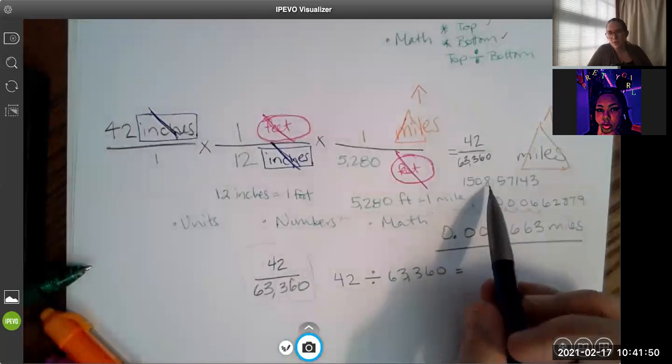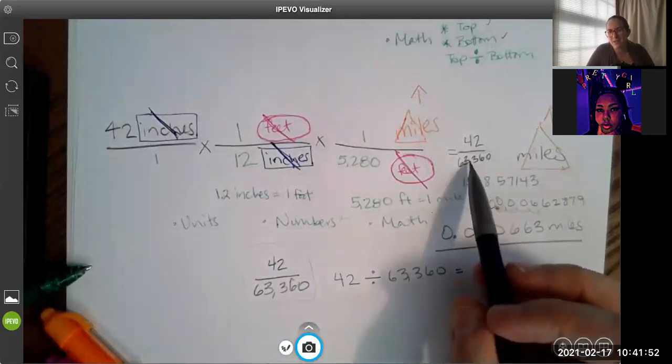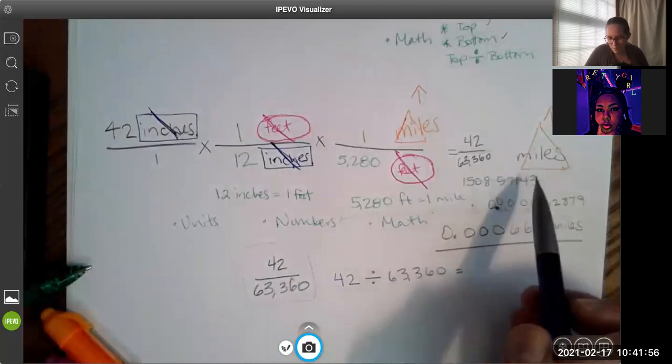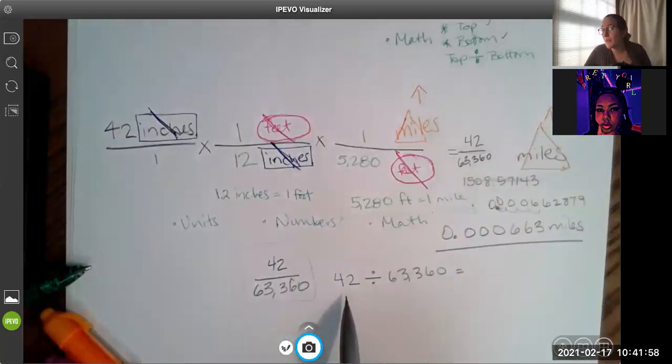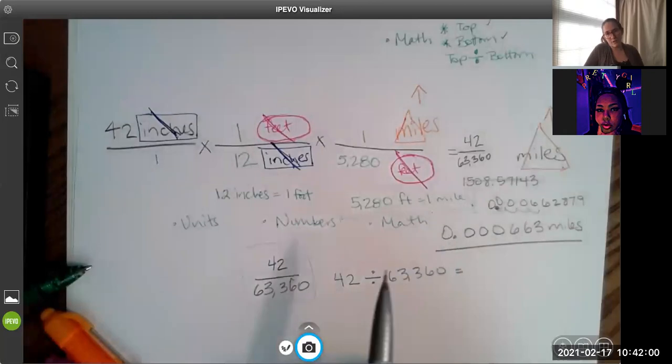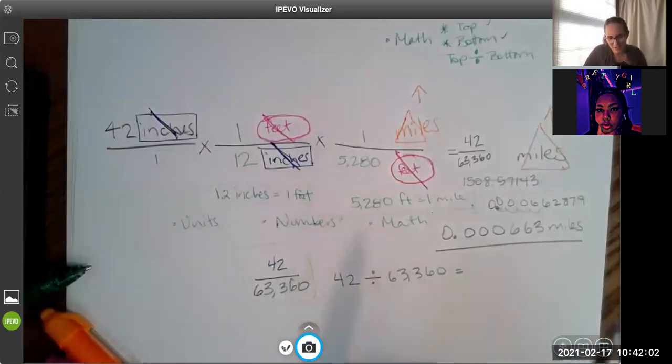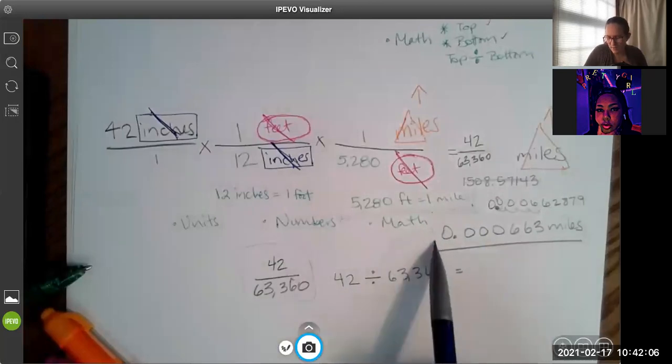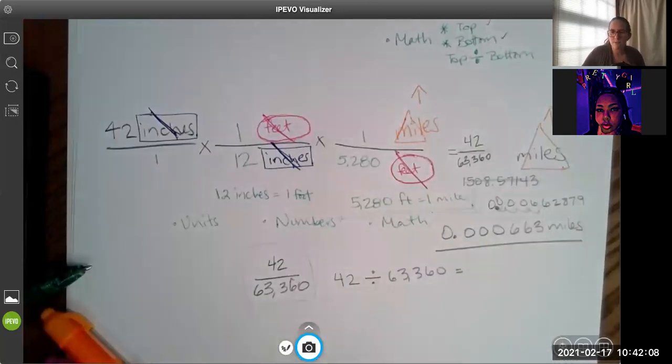This answer here, you took the bottom and divided it by the top. But then we were like, wait a second, hold on. Then we took the top and divided it by the bottom and got that answer there.